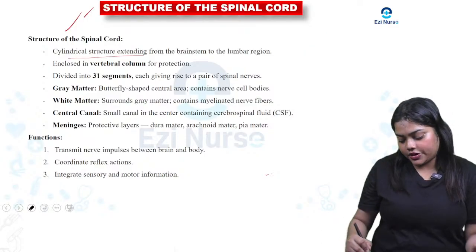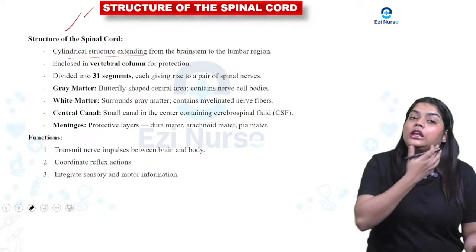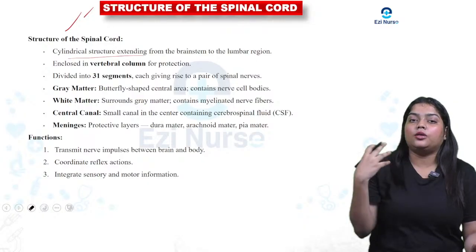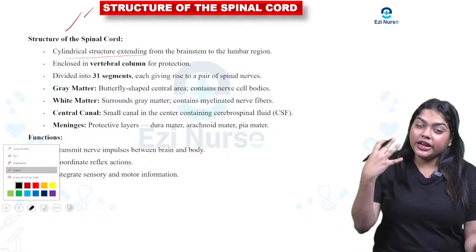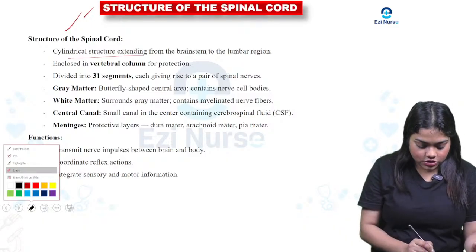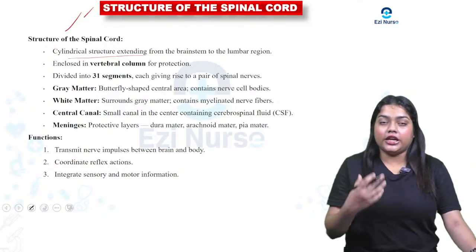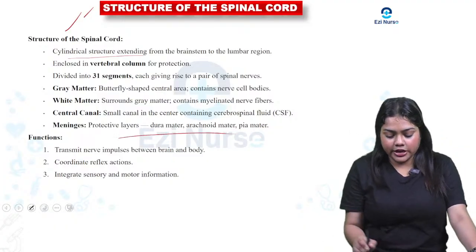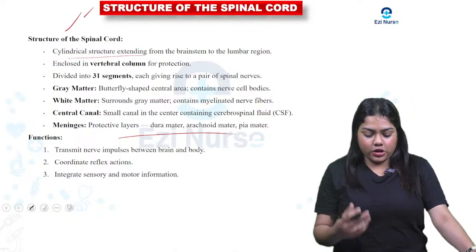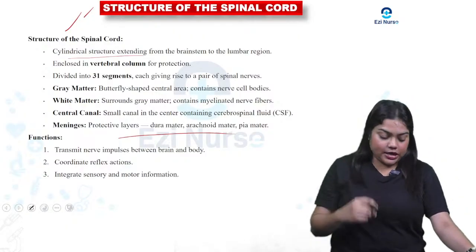The heart is covered by the pericardium, our lungs are covered by the pleura. So our brain and spinal cord are also covered by a layer called the meninges. It is a protective layer including the dura mater, arachnoid mater and pia mater.